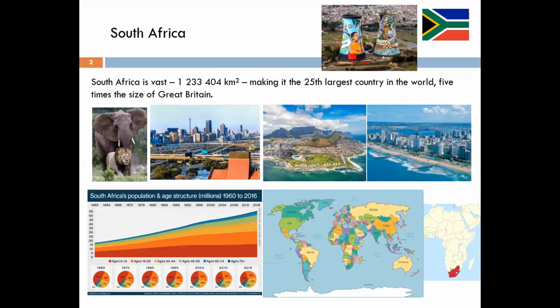Before we get into the presentation, I just want to tell you a little bit more about South Africa. So where are we? South Africa is found on the southernmost tip of the continent of Africa. We have over 59 million people. Our president is Cyril Ramaphosa.